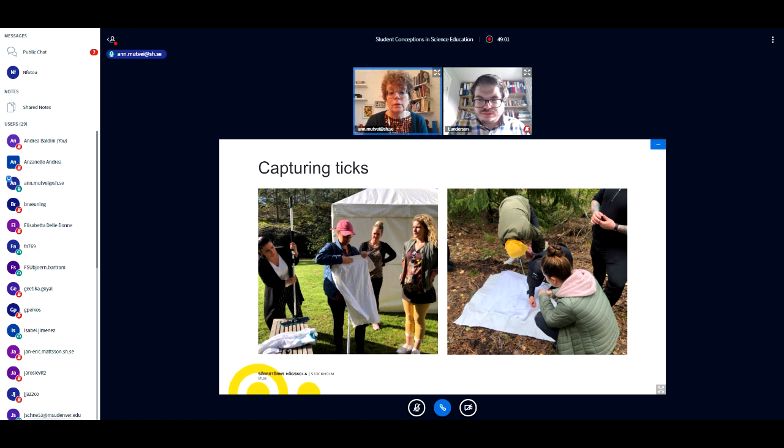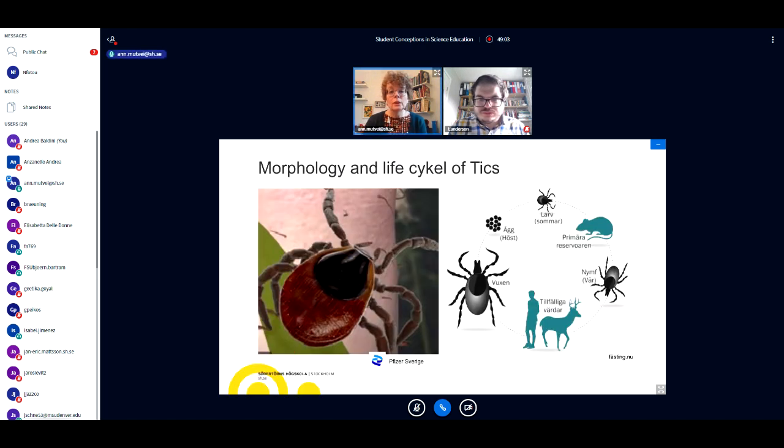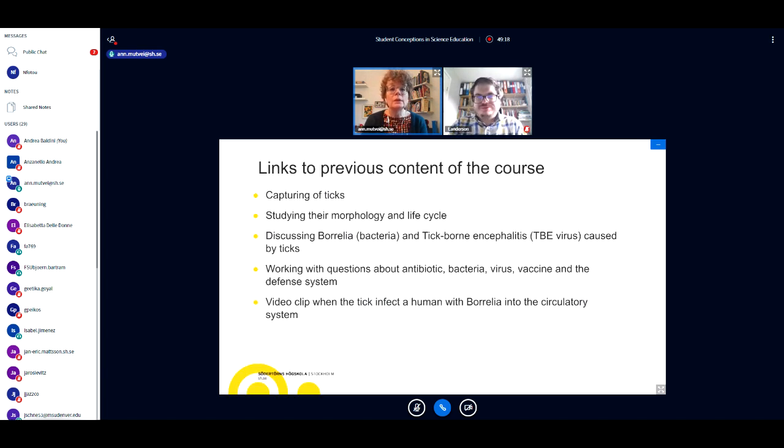And in the lab, we were looking at the morphology and the life cycle of ticks, and we can find the different stages of this life cycle and discuss them. So this is the way with this teaching. The short teaching was to do the capturing of ticks and then studying the morphology.